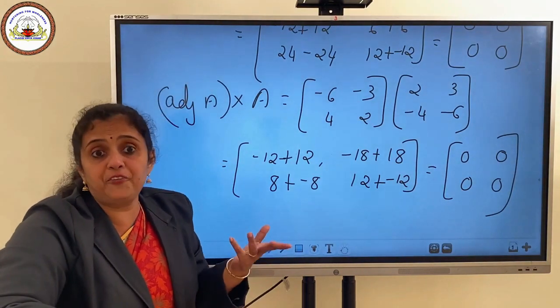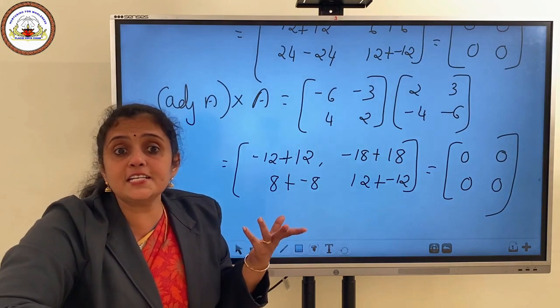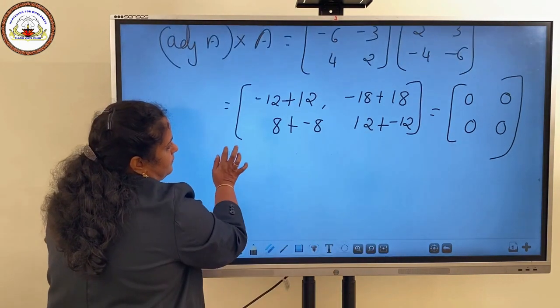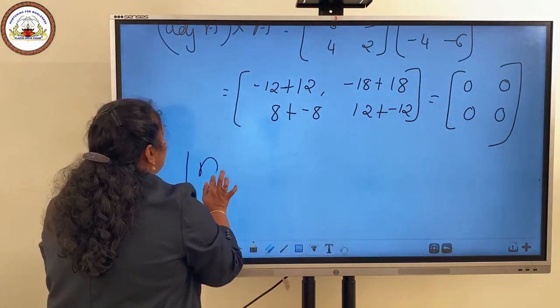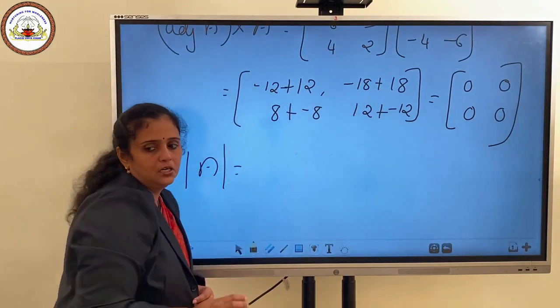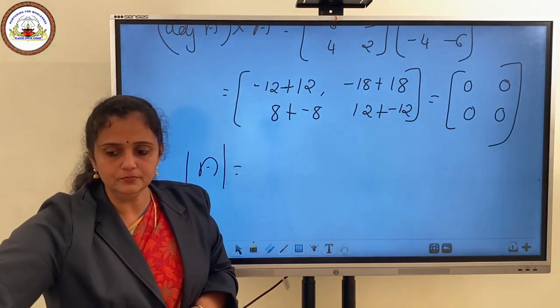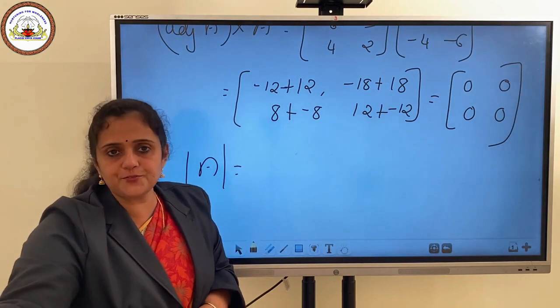So for verification we can do one more: find the determinant of A. A is equal to 2, 3, minus 4, minus 6.